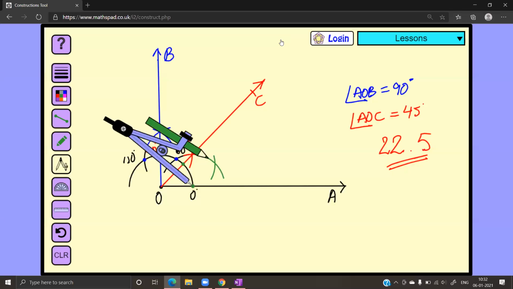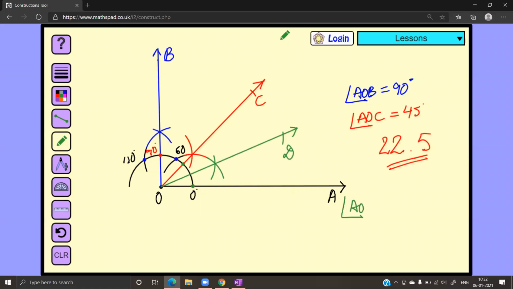And you get a point of intersection for the two arcs. Join that point of intersection with the vertex. Your angle AOD measures 22.5 degrees.